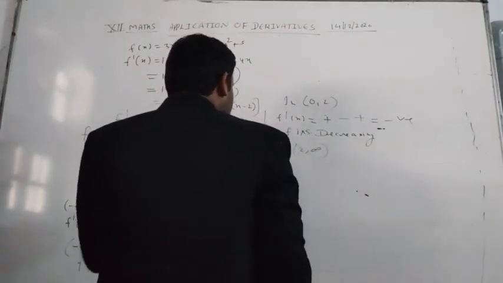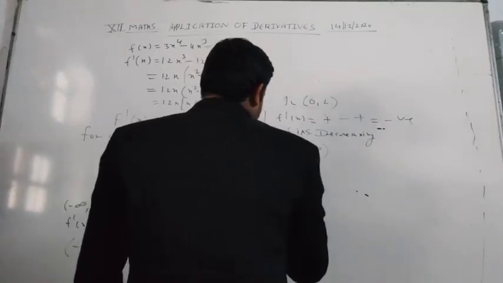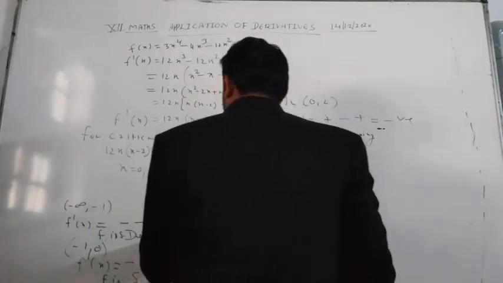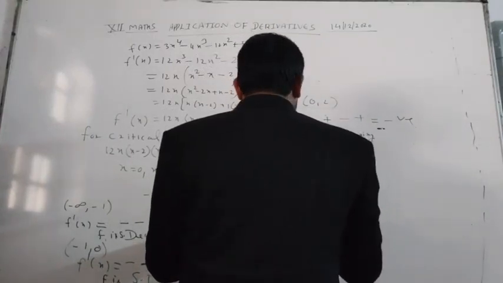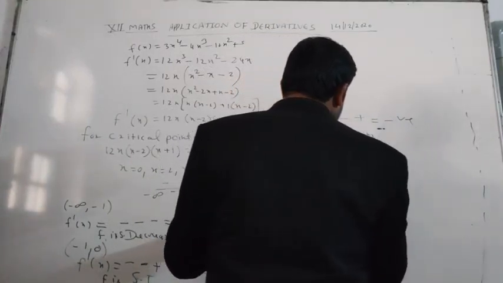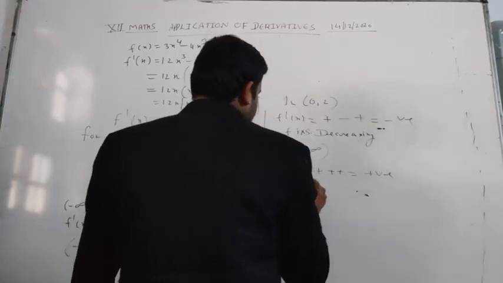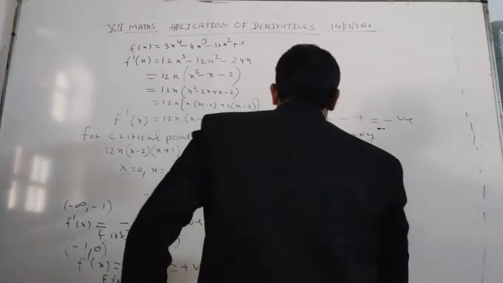Now taking the interval 2 to infinity. Okay students, for any point greater than 2, say 4, we are getting positive, positive, positive, so this is all positive and our function is strictly increasing in this interval.